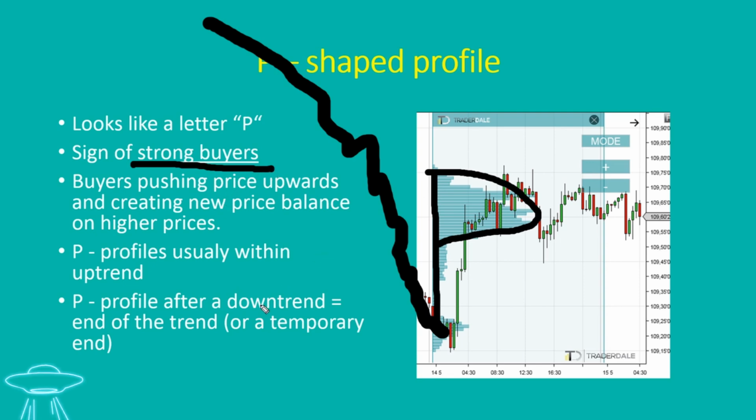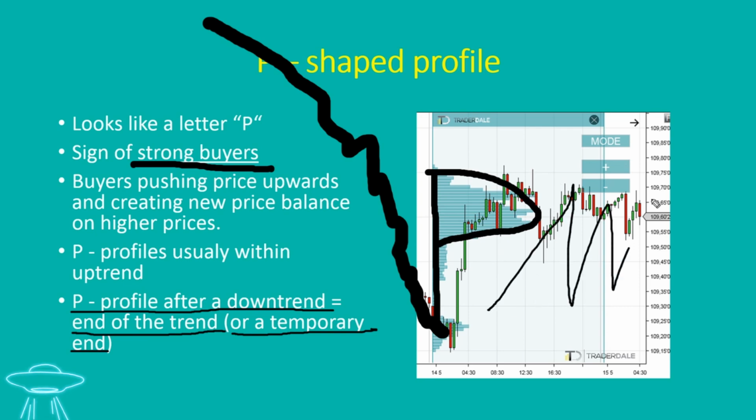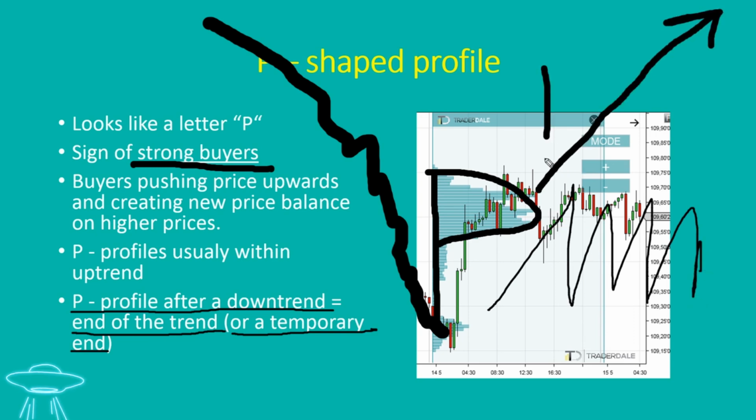And for that reason, a P-shaped profile after a downtrend could mean the end of the downtrend, or at least a temporary end. So when there is a downtrend, then there is a P-shaped profile, then the price is likely to start rotating, or it could reverse and go upwards, creating new P-shaped profiles.